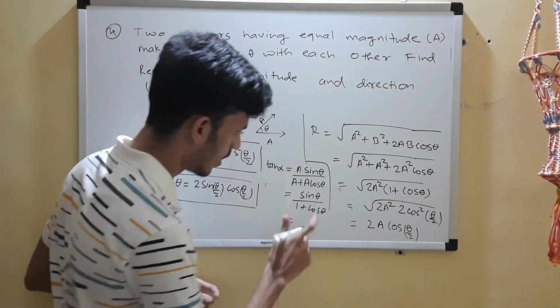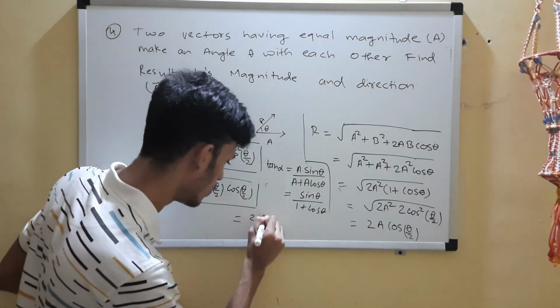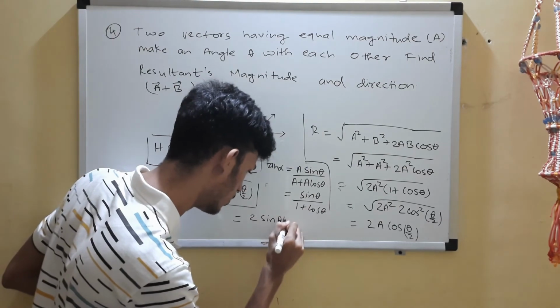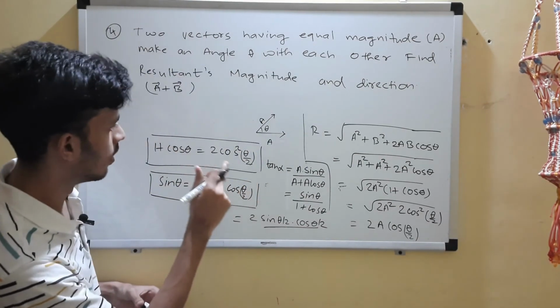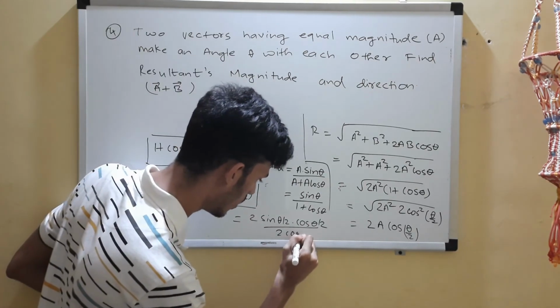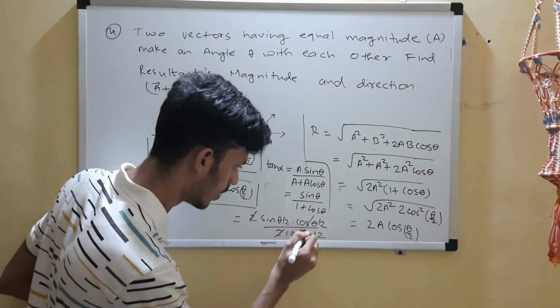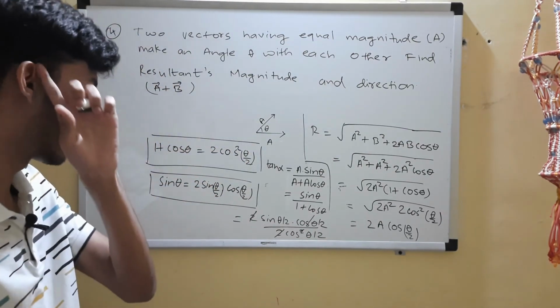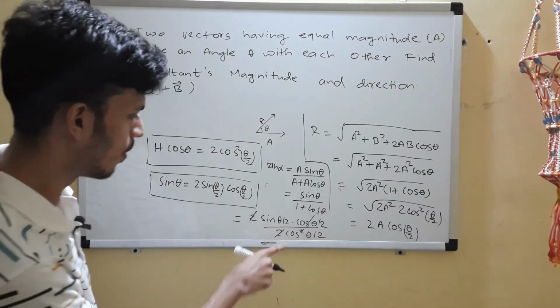Now coming back here, you can substitute this. Let's substitute this, 2 sin theta by 2 into cos theta by 2 upon this you'll have 2 cos square theta by 2. So this and this will get cancelled. One of the cos square from the denominator will get cancelled, and you'll have sin theta by 2 upon cos theta by 2.